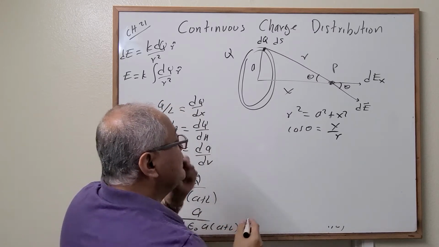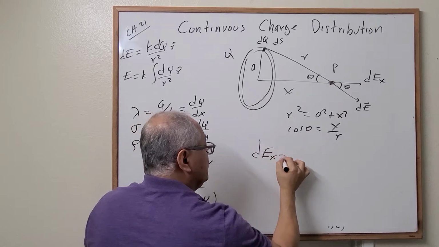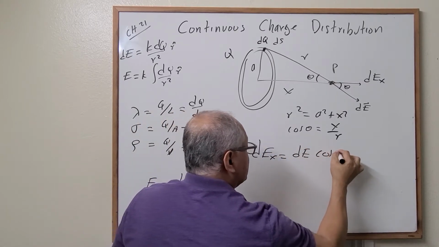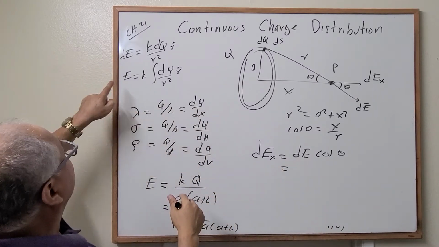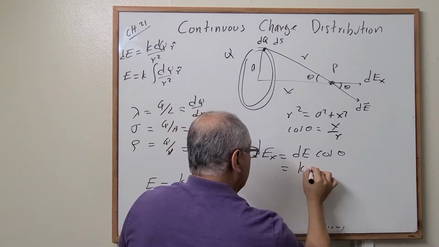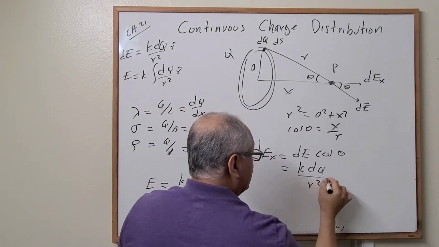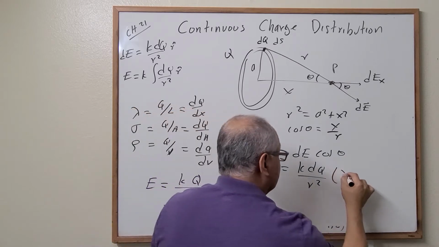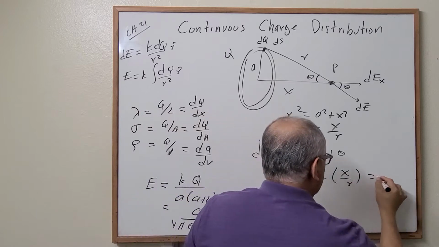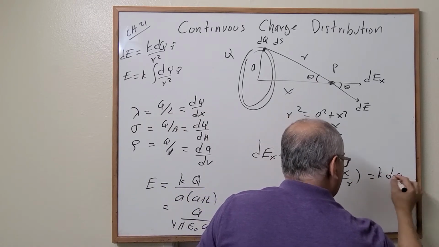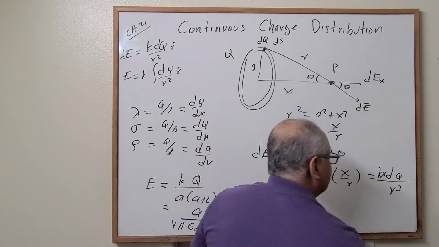Now we're dealing with this component in the direction of dE. What is dE? It comes from this equation: k dq divided by r squared, times cosine theta, and cosine theta is x over r. So this is equal to k dq x divided by r cubed.